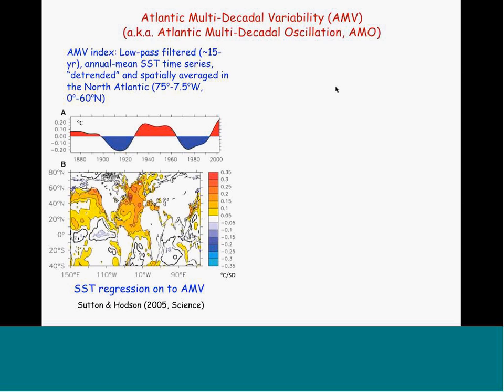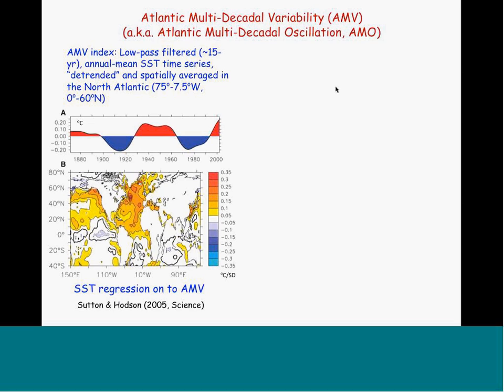Another connection related to AMOC, although with model evidence, comes from the Atlantic multidecadal variability, AMV, also referred to as the Atlantic multidecadal oscillation. This is from Sutton and Hodson, with the top panel showing the index. It essentially represents the sea surface temperatures for the North Atlantic. It's low-pass filtered, and some kind of trend is subtracted. What kind of trend you subtract will impact some of the details.